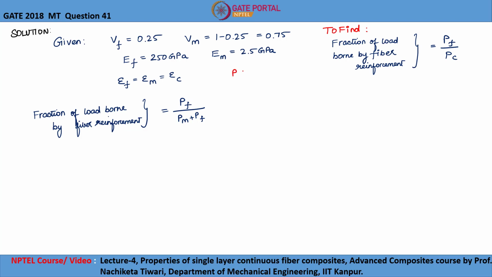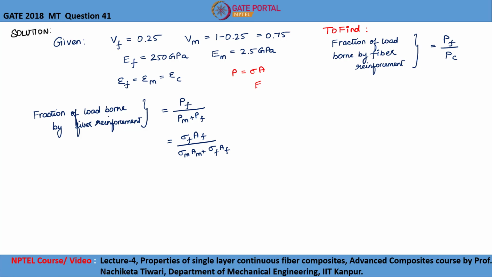As we know, the load is equal to the stress multiplied by area. This equation can be written as sigma f Af divided by sigma m Am plus sigma f Af.